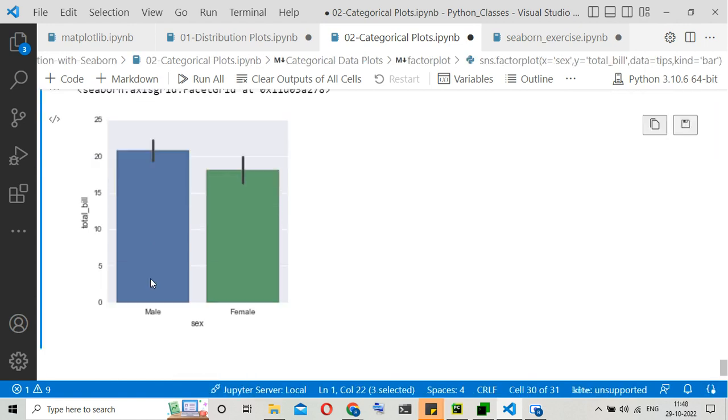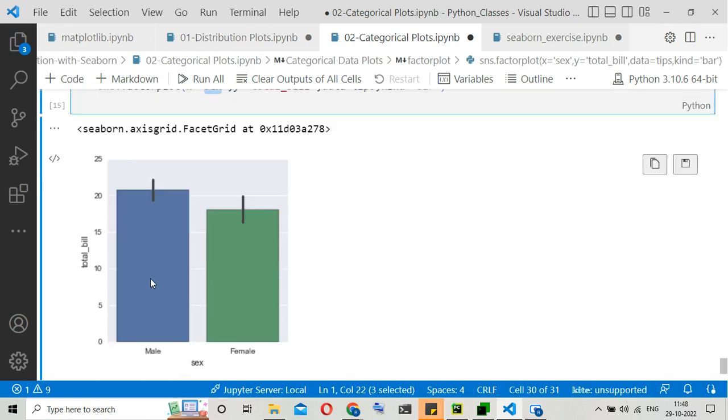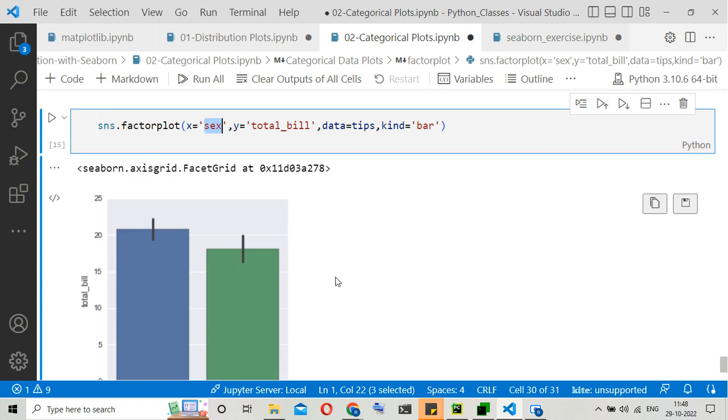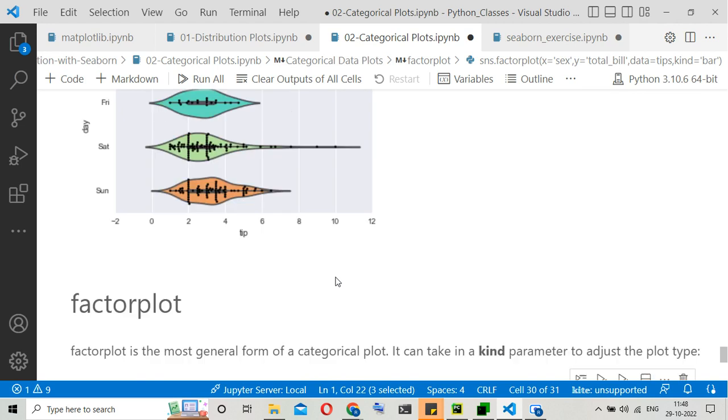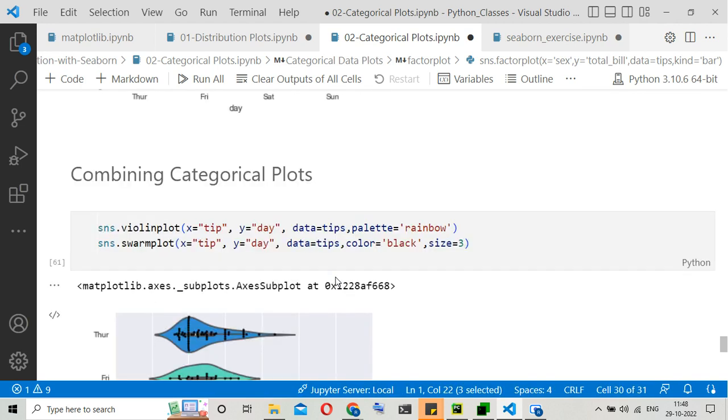It is decided automatically based on the kind. So if you tell it you need a bar plot, it will plot bars for you. So in the end, you have to try all the different formats of plots and try to conclude something out of the data.